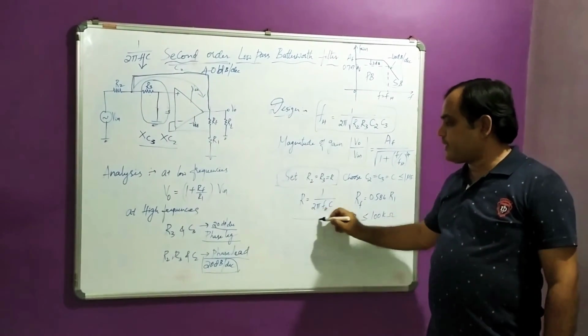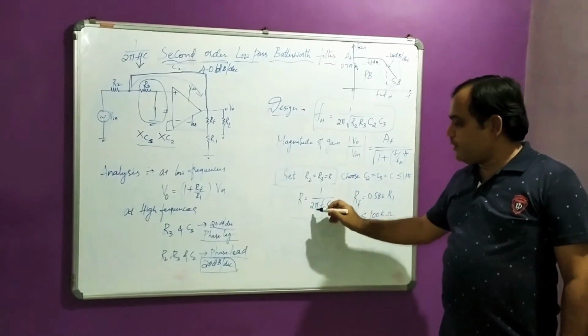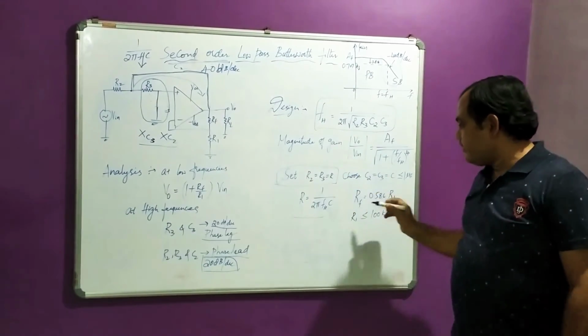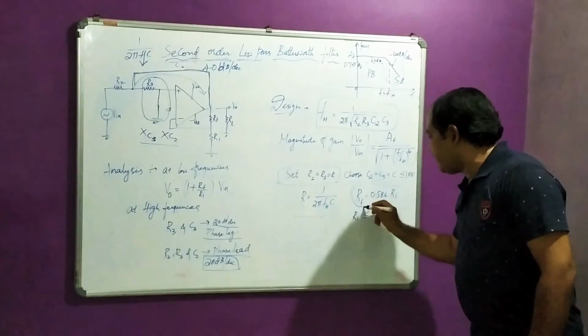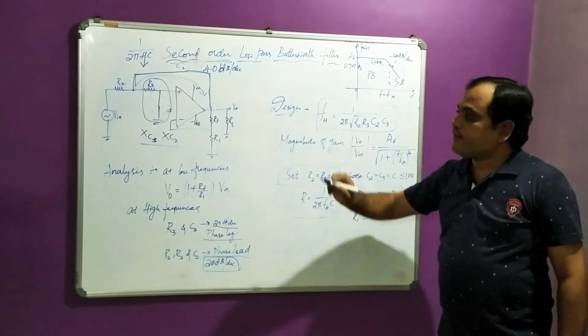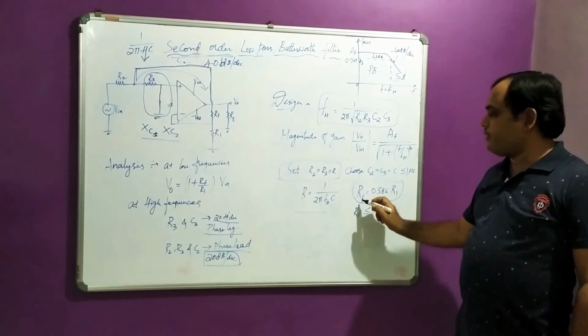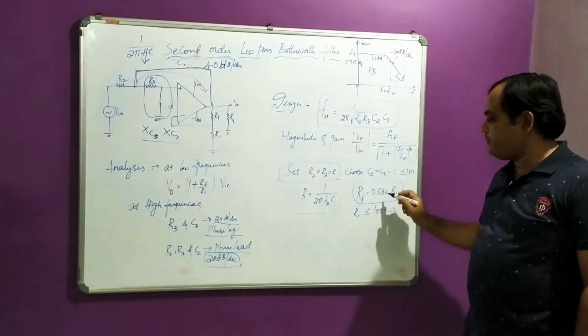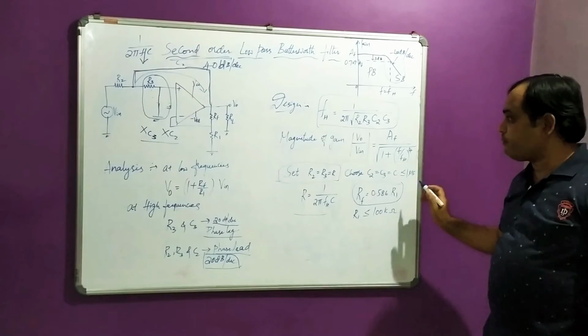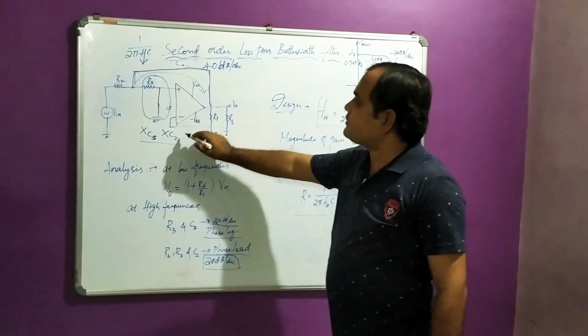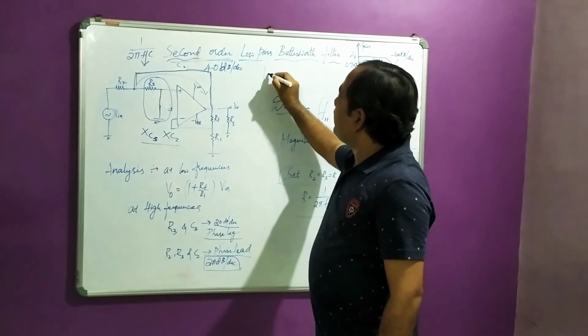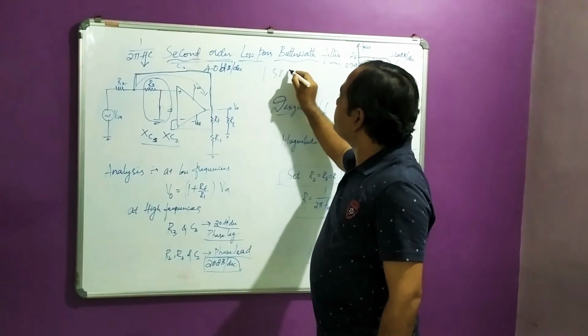Then I design R equal to 1 by 2 pi FH into C. Now for the non-inverting gain of the operational amplifier, I choose the condition for RF as 0.586 into R1. Why? Because this particular circuit is designed for a gain of 1.586.